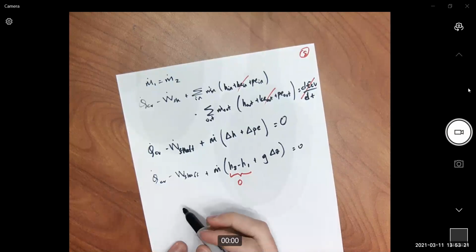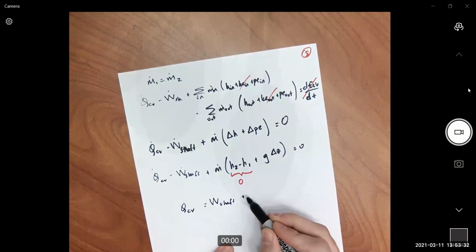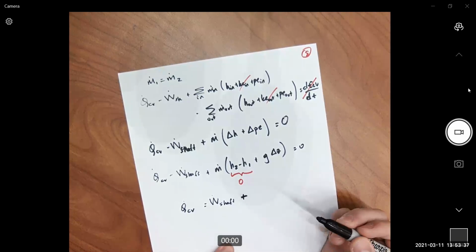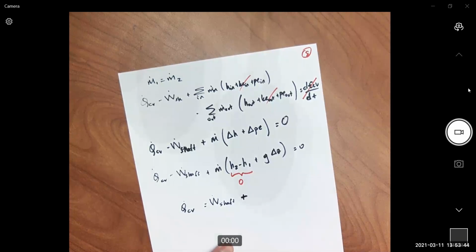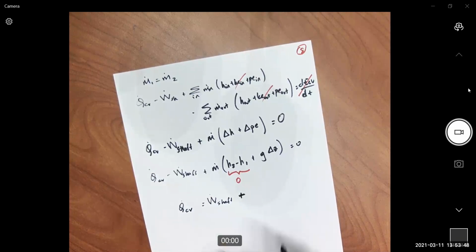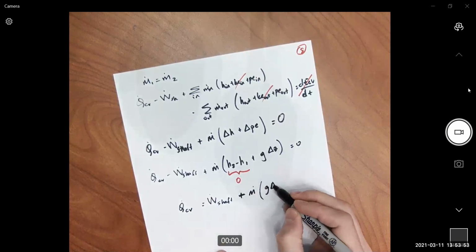So Q control volume will be work shaft minus, plus m g delta z.